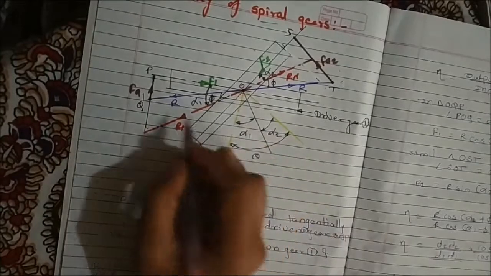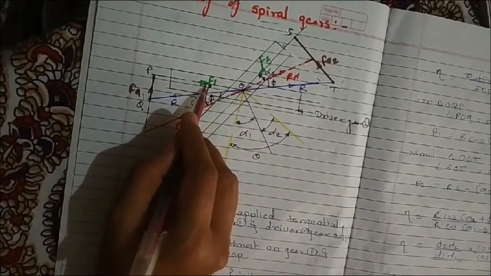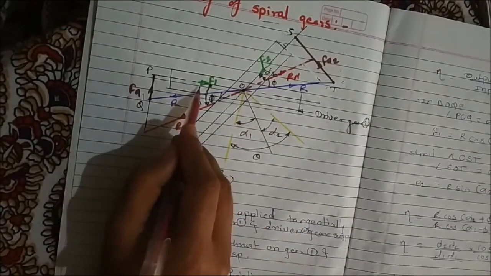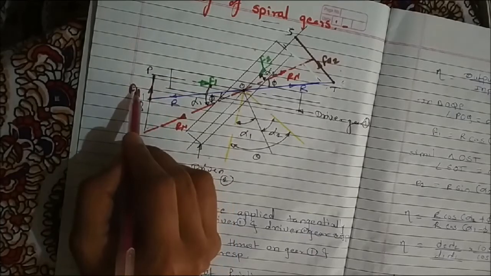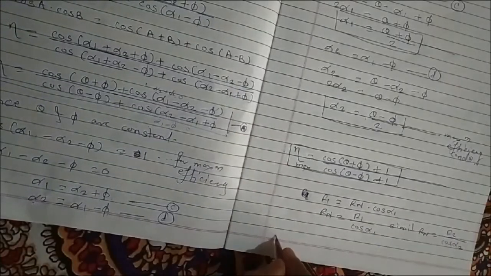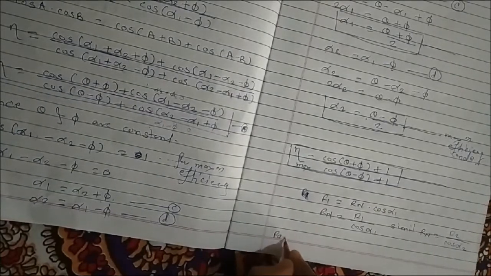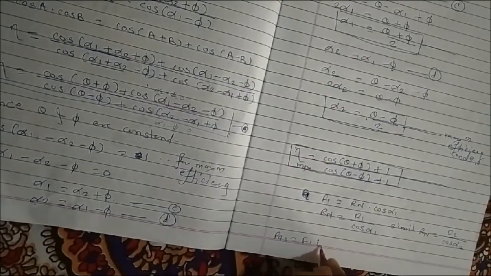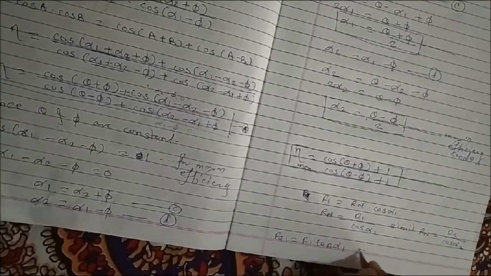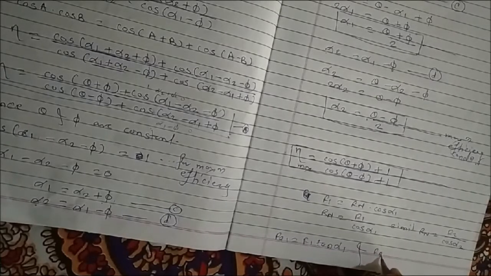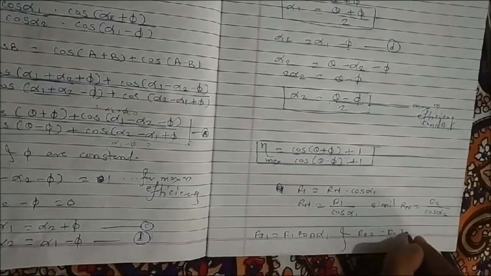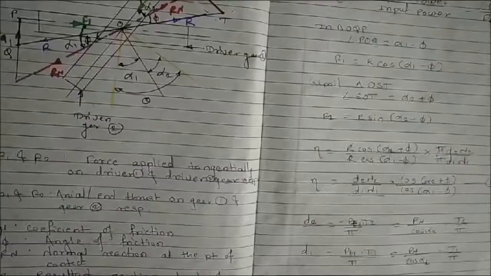Now axial force. Axial force in terms of F, Fa1 and F, it is the front edge, it is the adjacent edge. So what we get, Fa1 is equal to F1 tan of alpha 1 and Fa2 is equal to F2 tan of alpha 2.